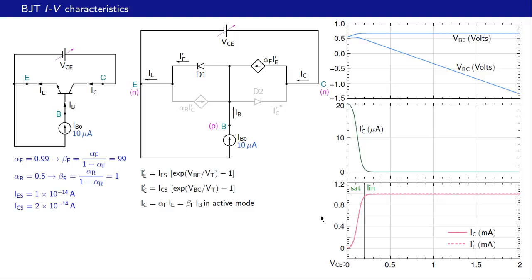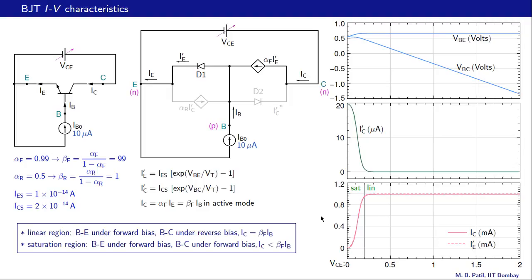So let us summarize these observations. We have a linear region, the right side of that line, in which the base emitter junction is under forward bias, base collector junction is under reverse bias, and IC is beta times IB. And in this example, it is about 1 milliamp.